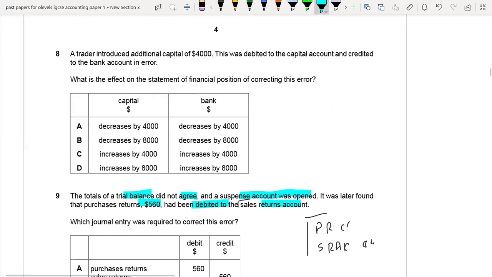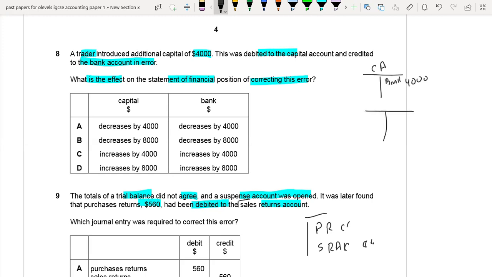Question number 8. A trader introduced additional capital of 4,000. This was debited to the capital account and credited to the bank account in error. What is the effect on the statement of financial position of correcting this error? Basically, in our capital account, the capital should be credited with the 4,000, and our bank account should be debited with the 4,000.